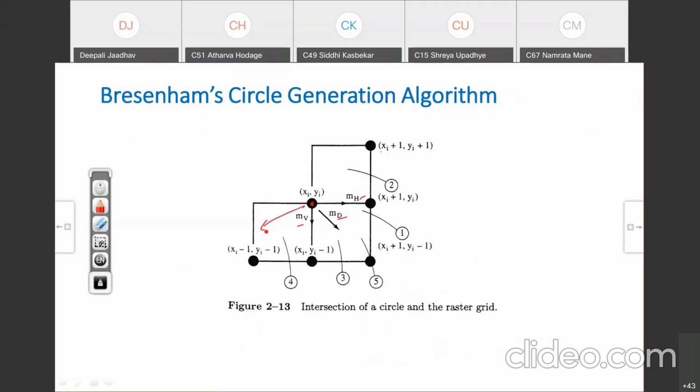So these 5 points are nearer to this xi and yi, and that's why these are divided into 5 different parts. If this is selected, we call it 1. If this is selected, we call it 2. This one as 3, this one as 4, and diagonal as 5. So these 5 points which are nearer to the point already on the circle are divided into 5 parts.